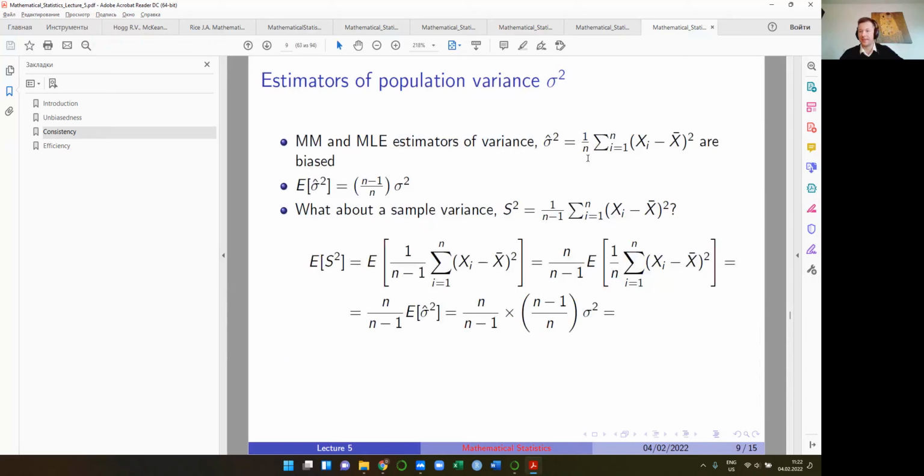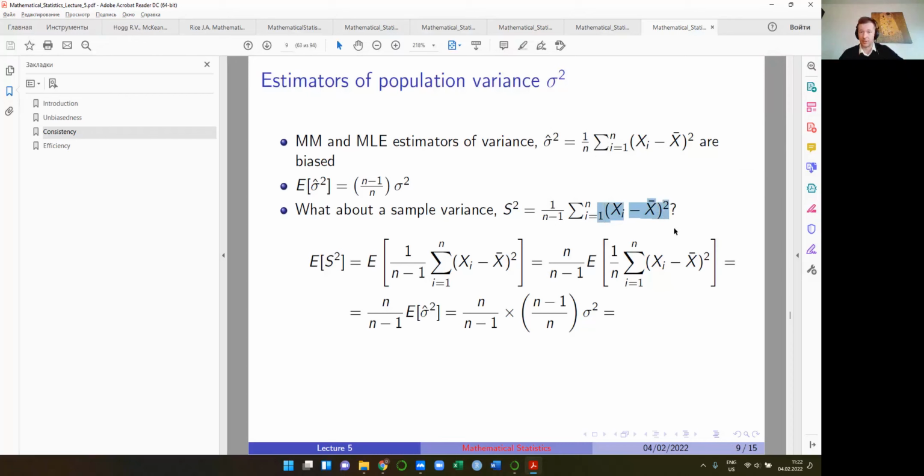If n is, let's say, 1 million, is there going to be a large difference between 1 over 1 million and 1 over 1 million minus 1? Well, the difference is not going to be that large. But if n is 10, then 1 over 10 and 1 over 9 gives you sometimes a considerable difference. Well, depending on what you have here.